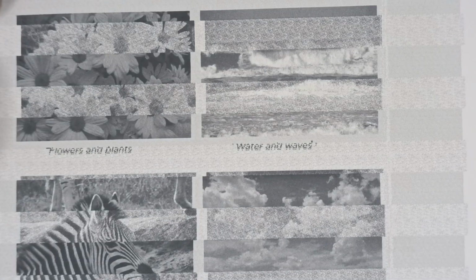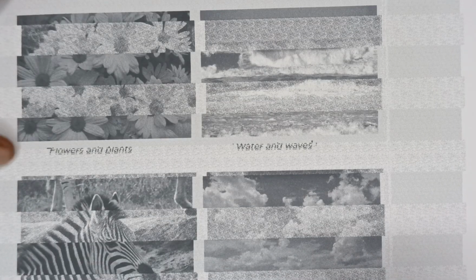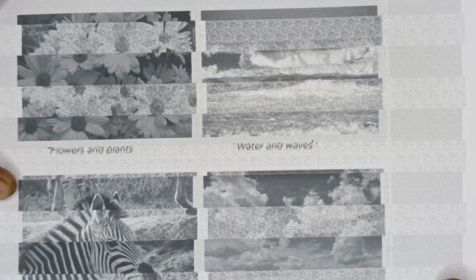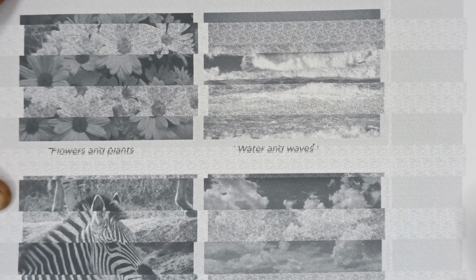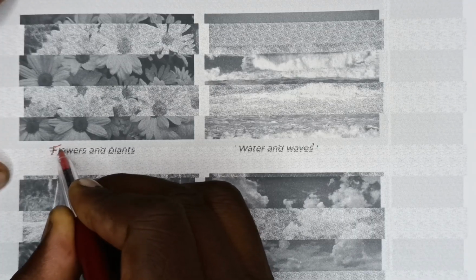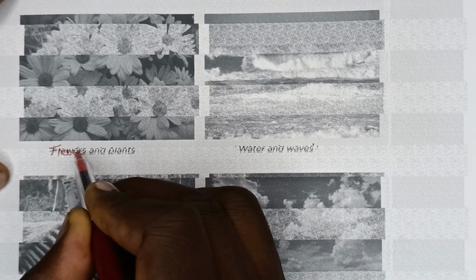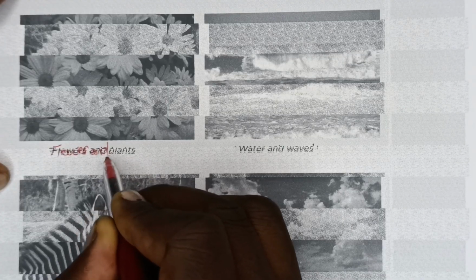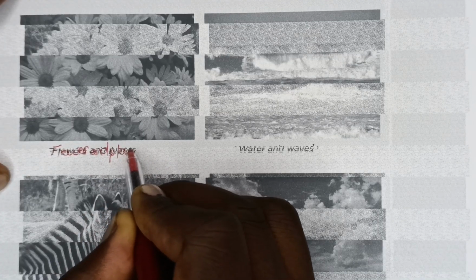Here are the pictures that we're supposed to go through. My apologies for the pictures. They are not clear, but I hope you can see something at least. These are flowers and plants.